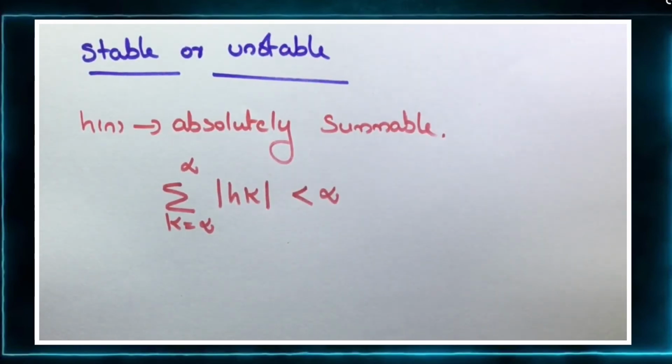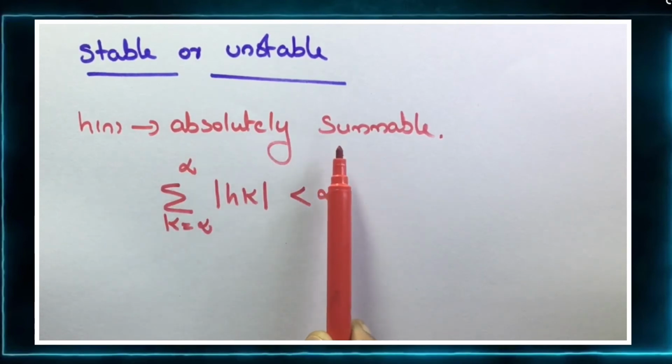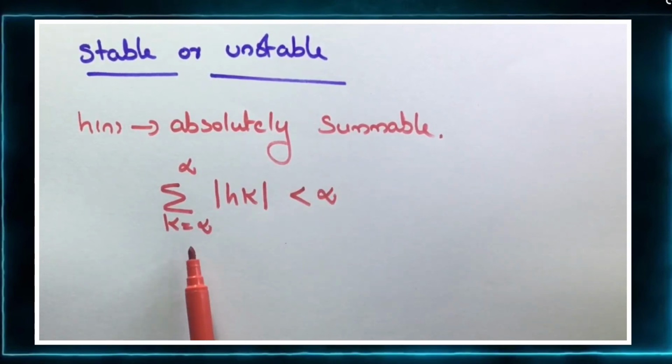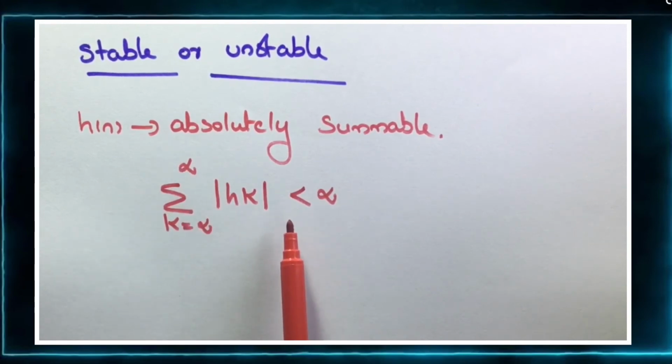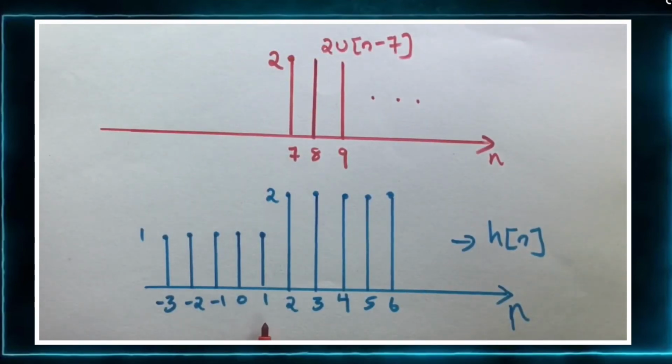Next, we are going to find out whether this system is stable or not. For a stable system, the impulse response h of n should be absolutely summable. That is, sigma k equal to minus infinity to infinity mod h of k should be less than infinity. This is our h of n.